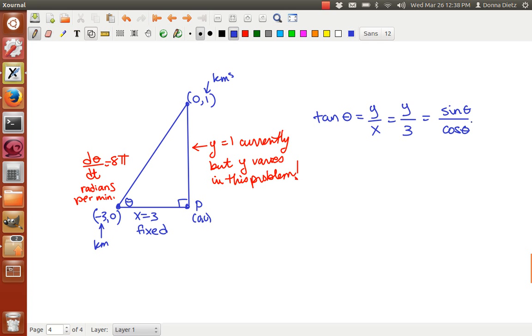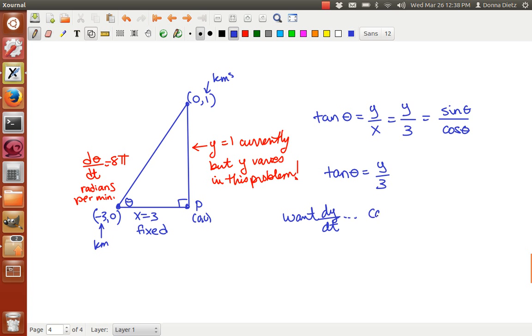Okay? So the problem is generically, tangent of theta is y over 3, and we want to find out how fast the beam is traveling on the shore. So what we want is dy dt, but what do we have?